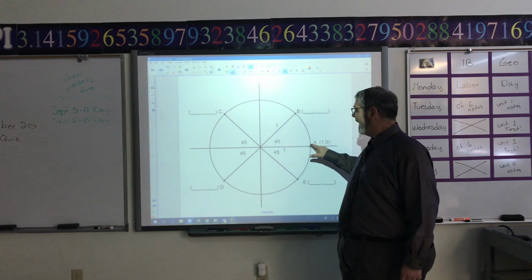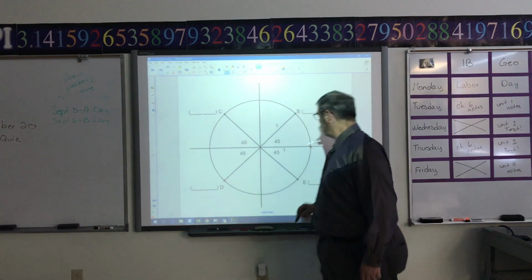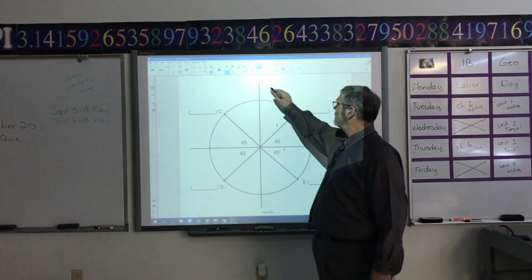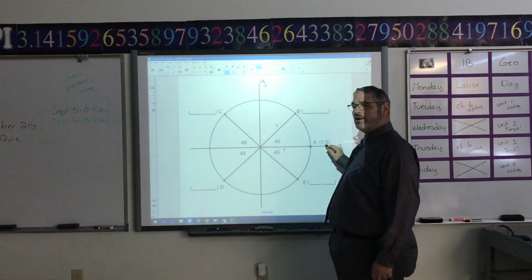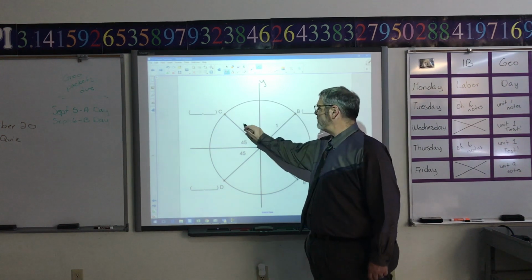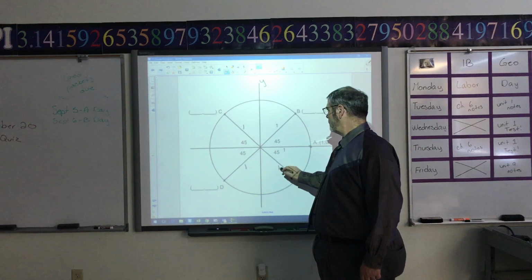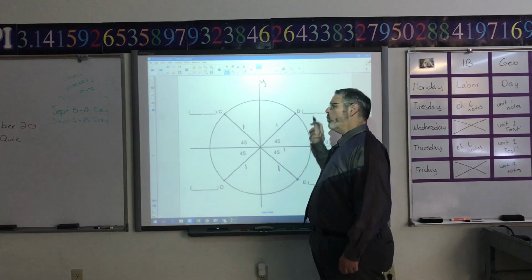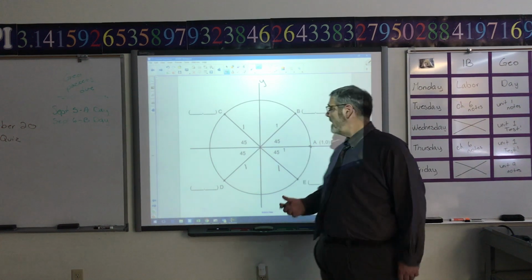So point A, being on the x-axis, will have coordinates 1, 0. Now, all of these have a radius of 1. So, what will the coordinates of point B be?